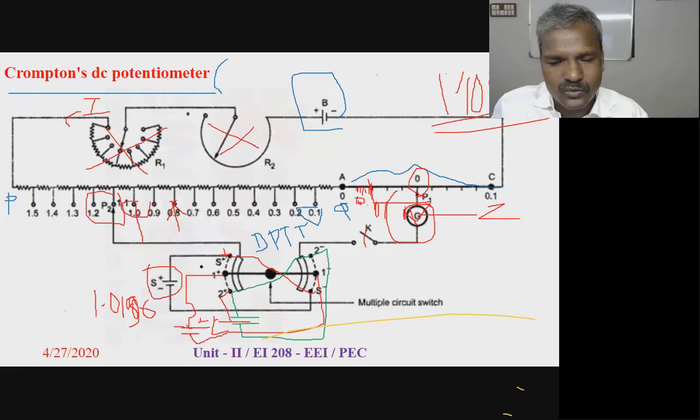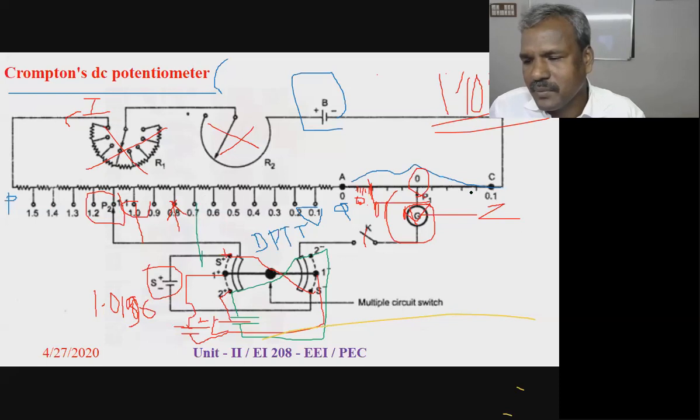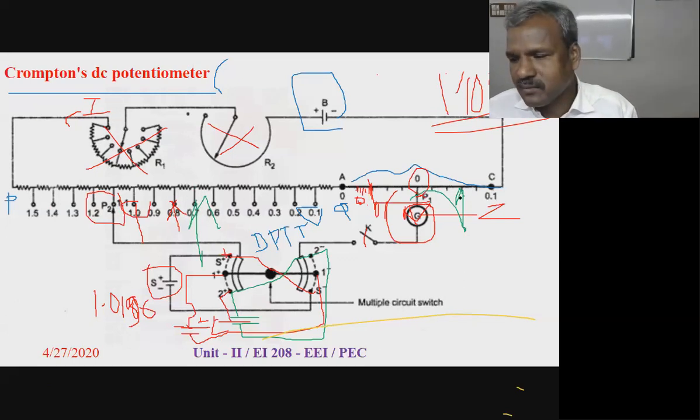So now the P2 position is 0.7, and the P1 position is this position. First place 0.7, then move the smooth contact until you get zero galvanometer deflection. Then you can easily take the reading from the contacts.